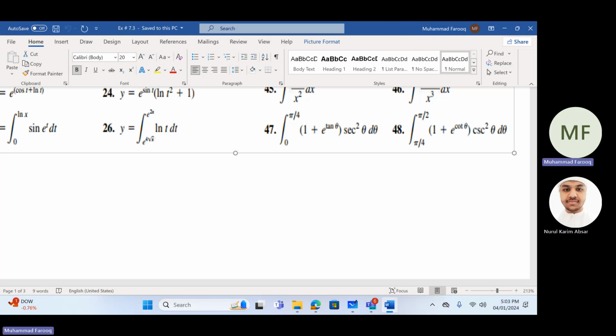Okay, we can see. I just introduced the base a exponential function and how we can differentiate it.